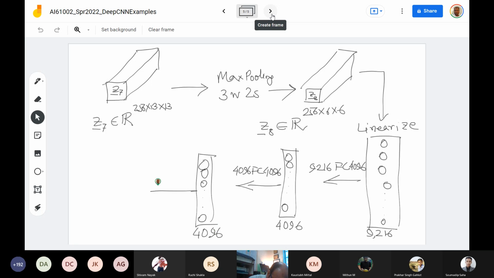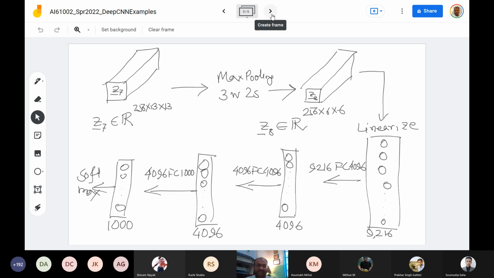Now from here you have 4096 FC 1000. So this becomes 1000 neurons, and then you have a softmax operation. A softmax operation is essentially an argmax on top of it.